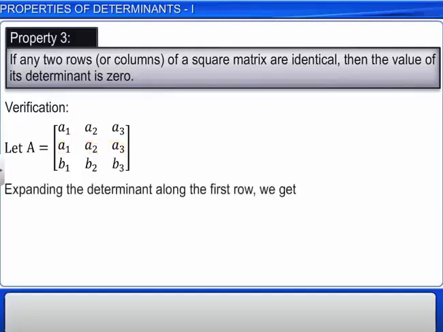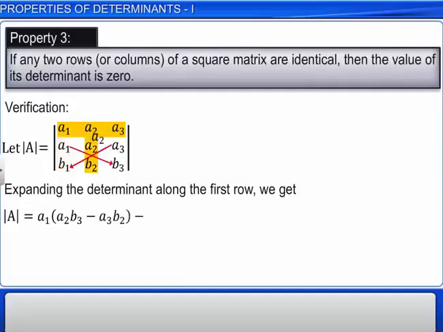Expanding the determinant of matrix A along the first row, we get A1 times (A2 B3 minus A3 B2) minus A2 times (A1 B3 minus A3 B1) plus A3 times (A1 B2 minus A2 B1).